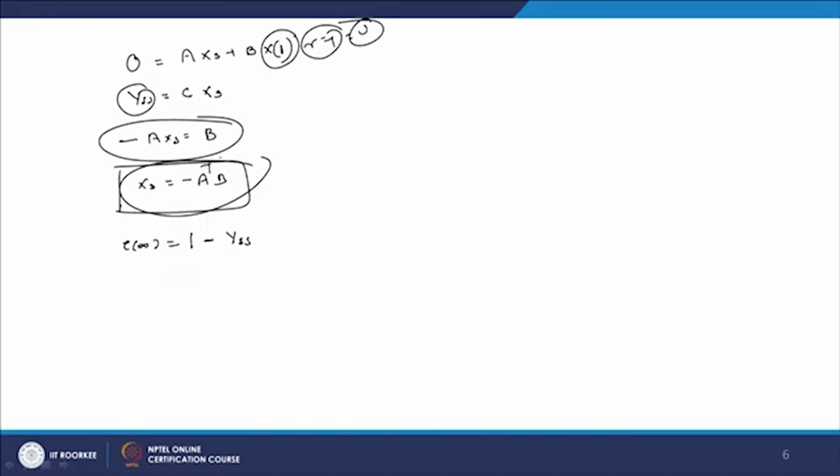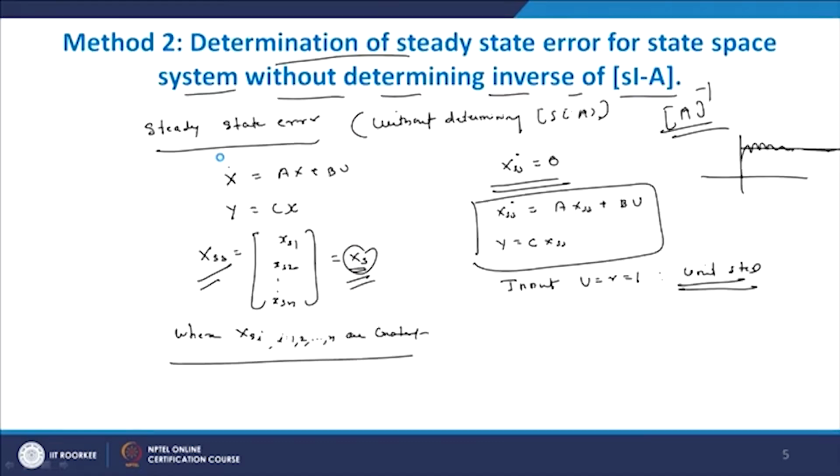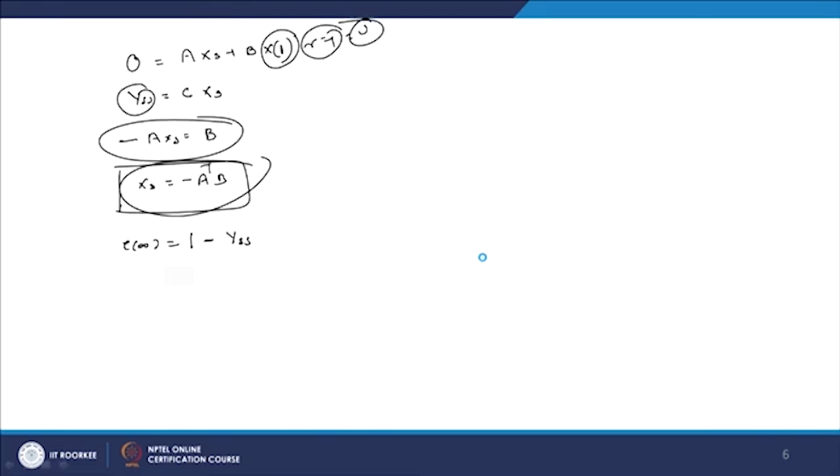What is the role of this here? Now, here comes the role of this, because of the steady state output. So, I am saying this y_ss is nothing but C into x_s.